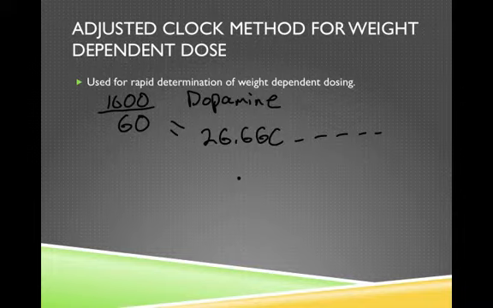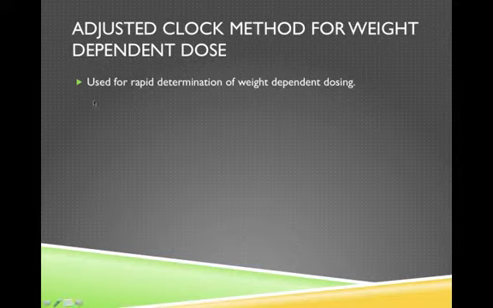Now there is no way you can figure 26.6666666 in your head. So let's consider that each drop of this 1600 mics per mil is equal to 25 micrograms per drop.